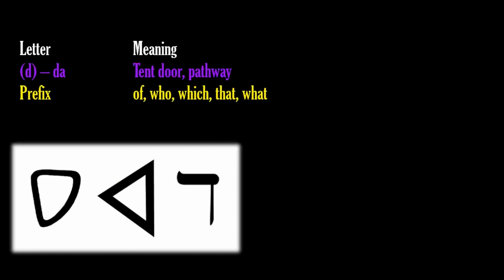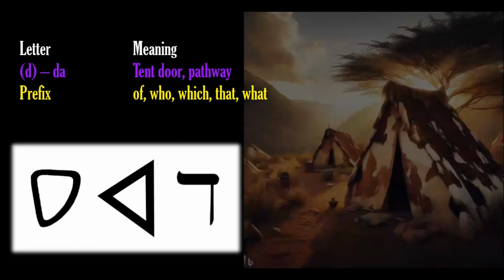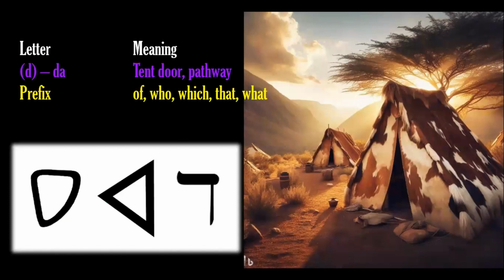So the letter Da or Dal means tent, door. It may also mean pathway. It may also mean back and forth. When Da is used as a prefix before various words, these are the meanings for the prefix.